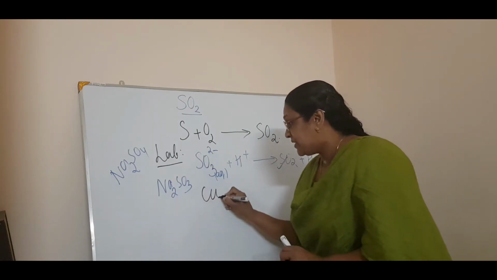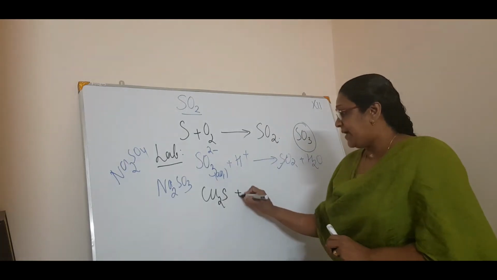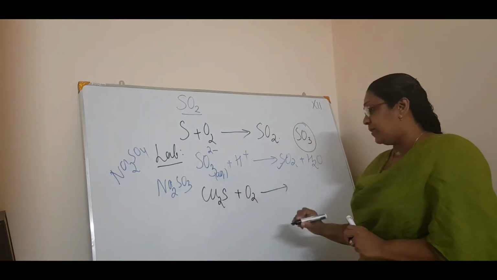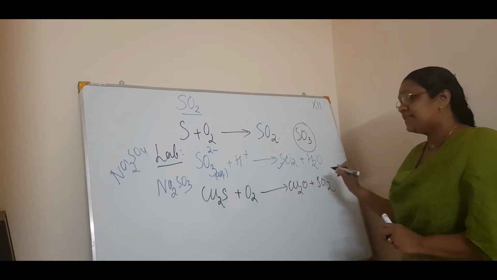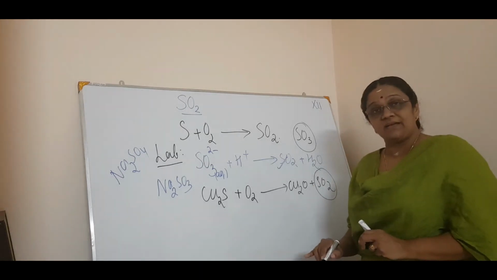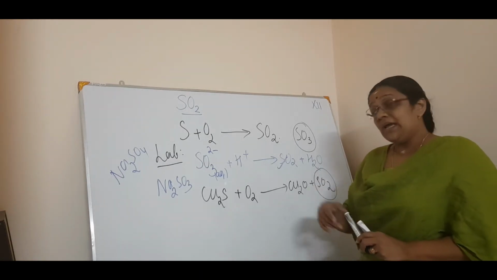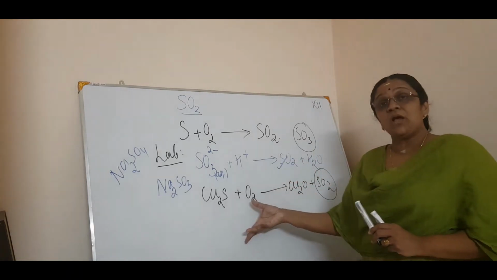For example, Cu2S, copper sulfide plus oxygen, that is roasting, will give you copper oxide plus sulfur dioxide. See, sulfur dioxide is obtained as a byproduct, or one of the products, there. So in large scale processes, sulfur dioxide can be prepared by the roasting method.